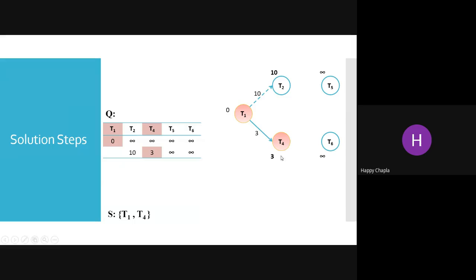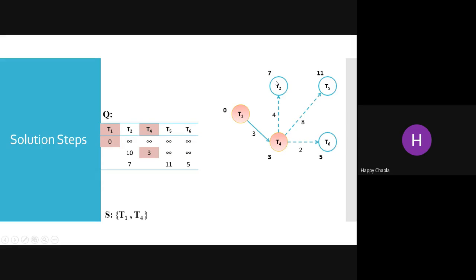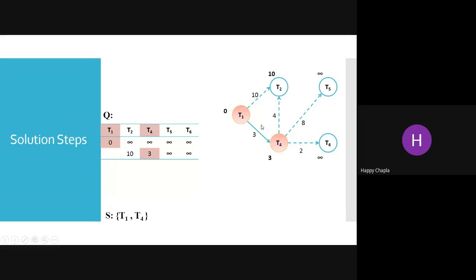Now find out the adjacent values from this T4. We have 3 values with us, like 4, 8 and 2. So the distance you need to change. If I am traversing from T1 to T4 to T2, the total distance should be 3 plus 4 equals 7.